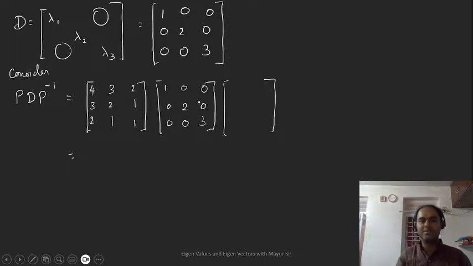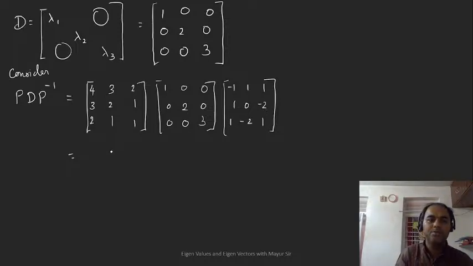Once you have this, you write down the inverse. So the inverse was minus 1 1 1, 1 0 minus 2, and 1 minus 2 1. When you do the actual multiplication, you must get your capital A back.